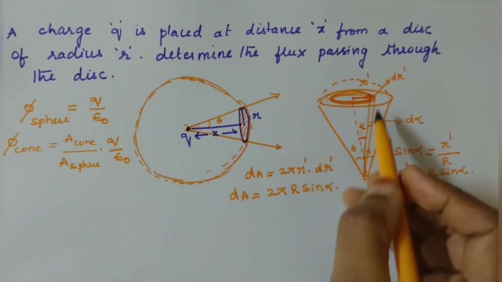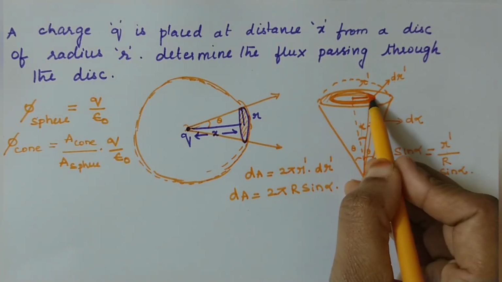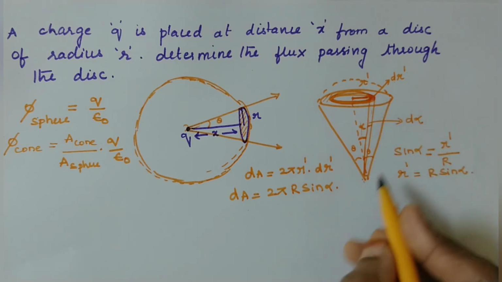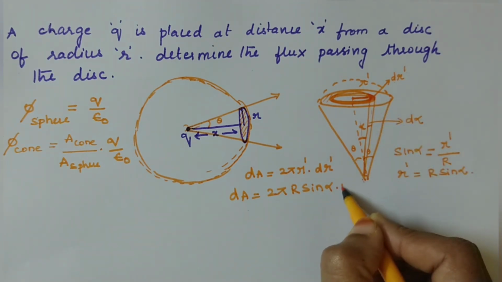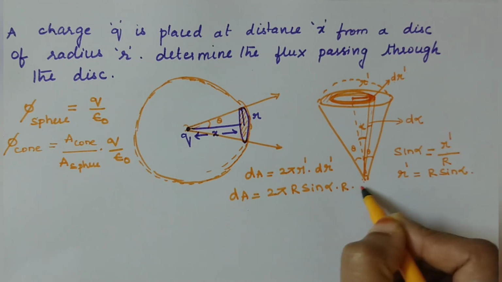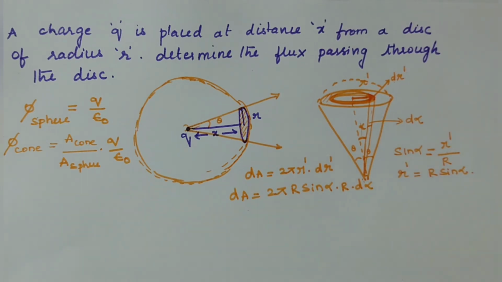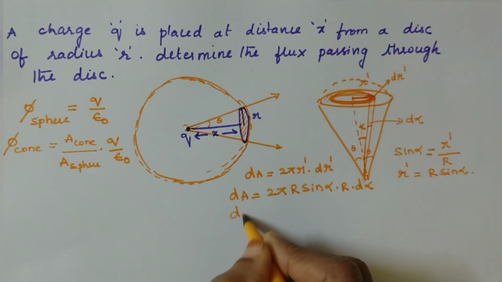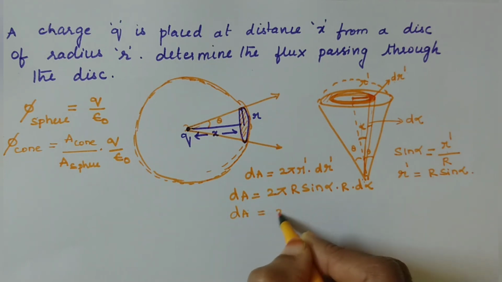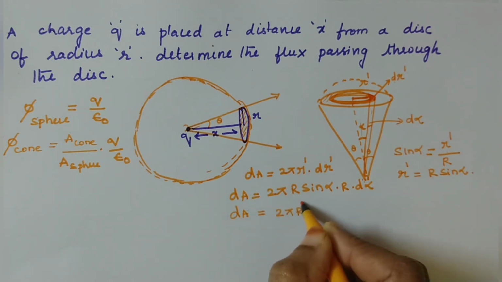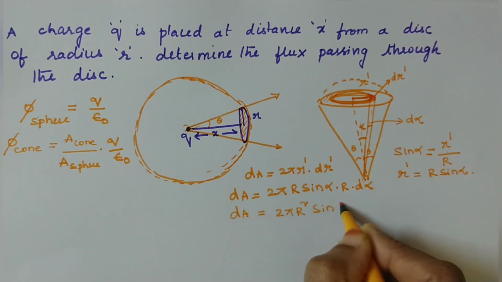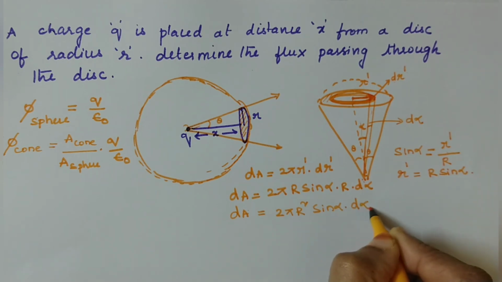Now dr dash is the length of the arc. I can write the length of the arc as R into d alpha. So the shaded portion's area is 2 pi R square sine alpha into d alpha.